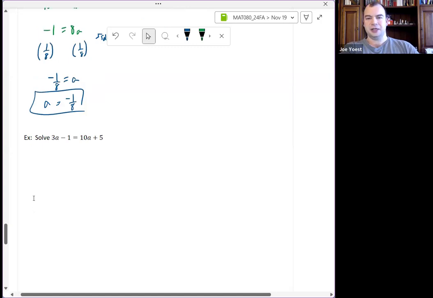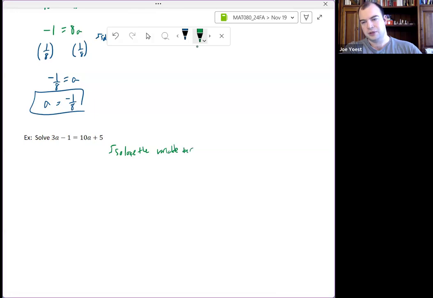My overall strategy stays the same, though. First, I want to isolate the variable term. I want to work towards getting number times a equals number. When we get maybe more used to these, we might be able to do this in one step with several different calculations all at once.